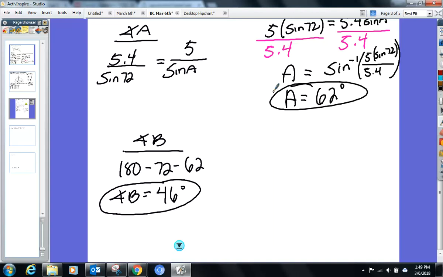Let's just go around the room, count off by sixes. 1, 2, 3, 4, 5, 6. Everyone's got a number?